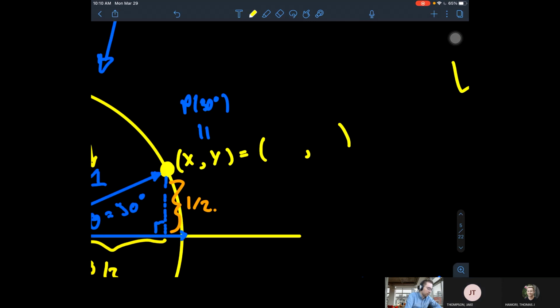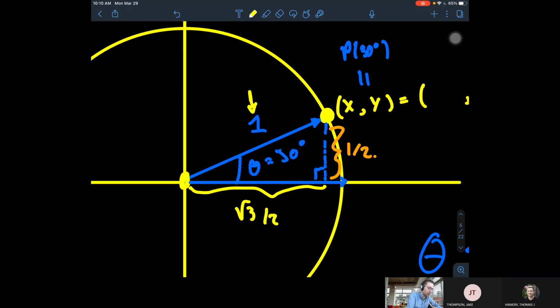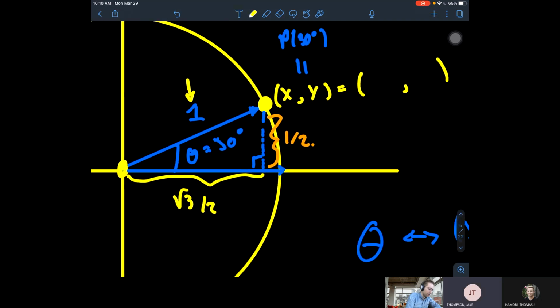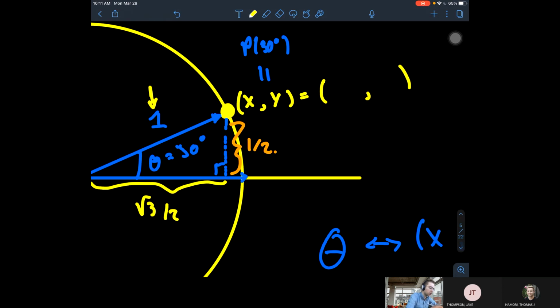So if I look at this triangle here, it tells me how far to the right and how far up and down I should go. If I want to get to that point, I could just walk along the bottom side of this triangle for however long it is, and then walk up the side of this triangle, which is facing up and down, for however long it is, and go to that point. So what should the coordinates of that point be?